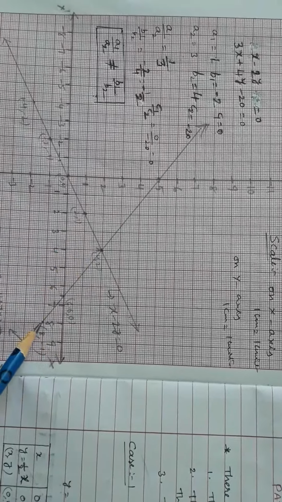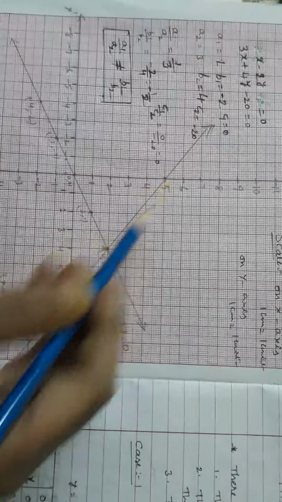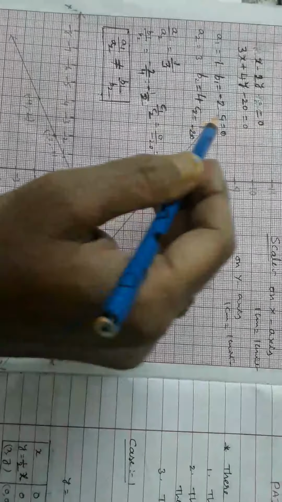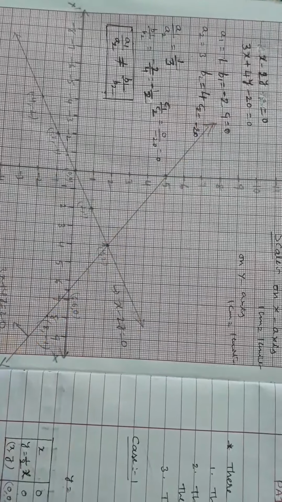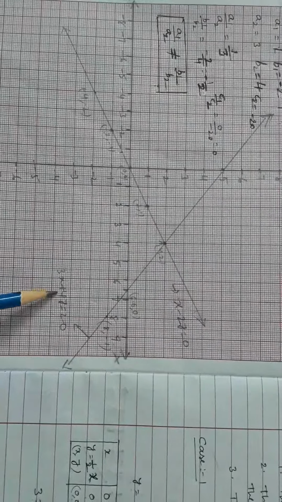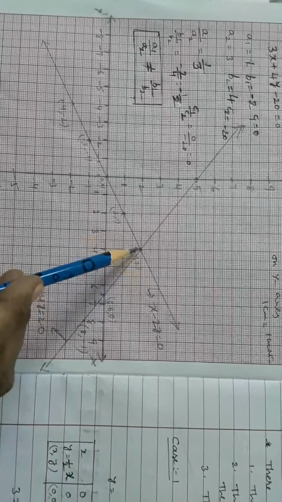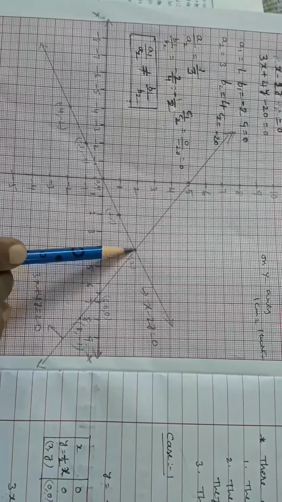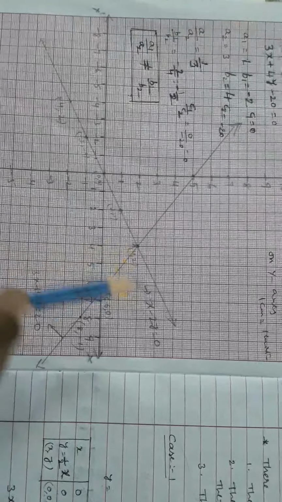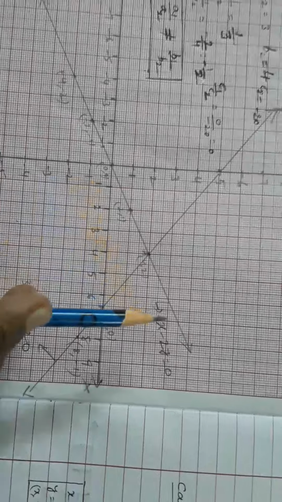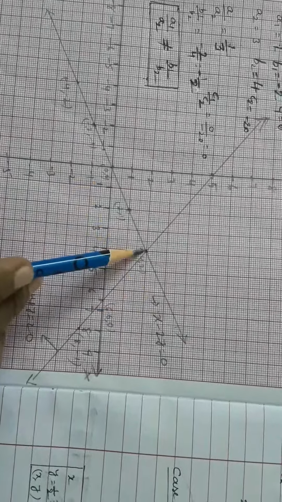You have to join all these points using a scale and pencil. You will get a straight line, which is the equation 3x plus 4y is equal to 20. Where do these two lines intersect? At 4 comma 2. This is the example for intersecting lines: the two lines intersect at one point.